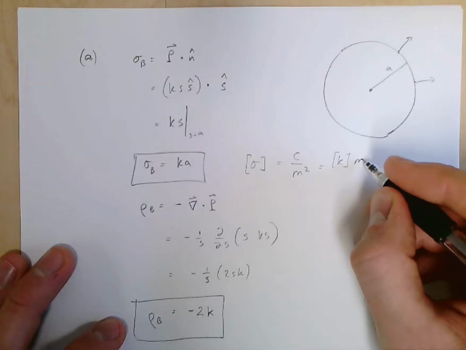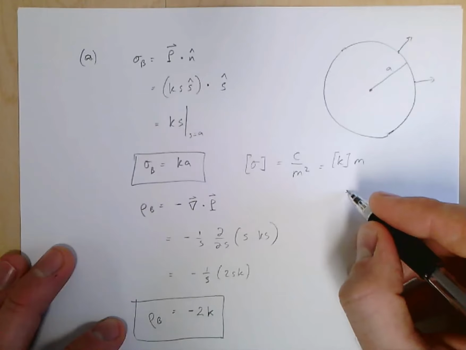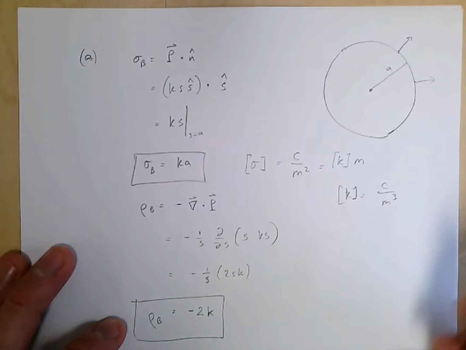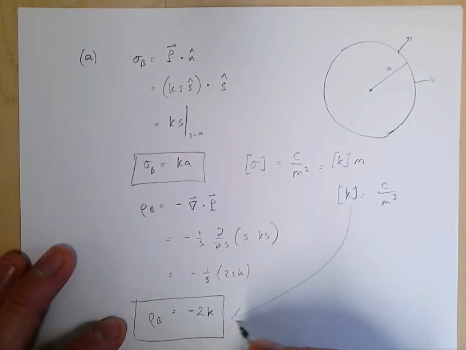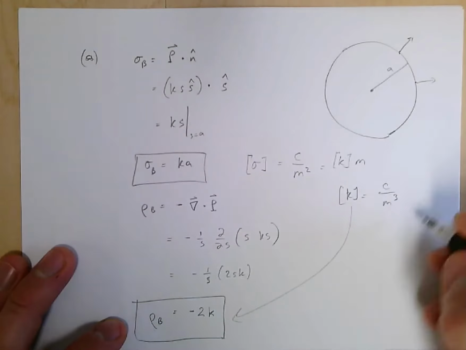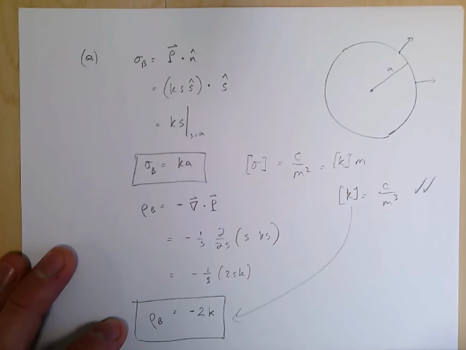Well, a has units of meters, right? So it looks like the units of k is coulombs per meters cubed. Okay. Now let's bring that down here and see if that actually makes sense. Well, I know that rho has to have the units of coulombs per meters cubed, so it works out. I'm satisfied that the units of k is coulombs per meters cubed.